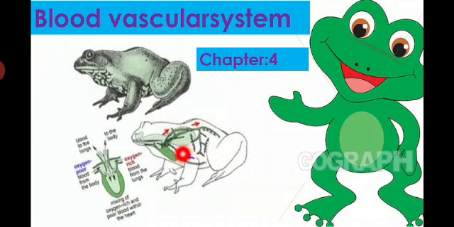According to the environmental temperature, they can change their internal body temperature. So we commonly say they are poikilothermic organisms. So it can facilitate respiring the gases according to the environment with the three-chambered type of heart.